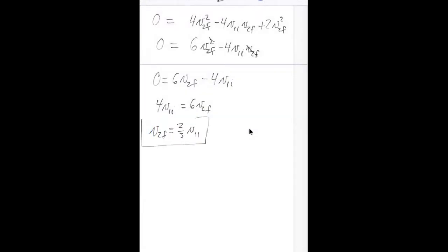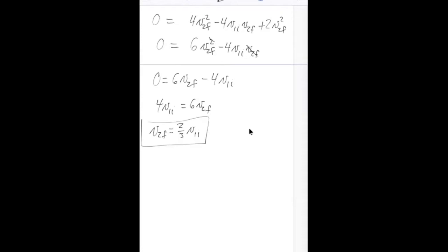So what does that mean? That means that the object that was originally stationary is going to go to the right with a velocity 2/3 of what the initial velocity was. So if the first object hits it while moving at 3 meters per second, the originally stationary block will move to the right at 2 meters per second.